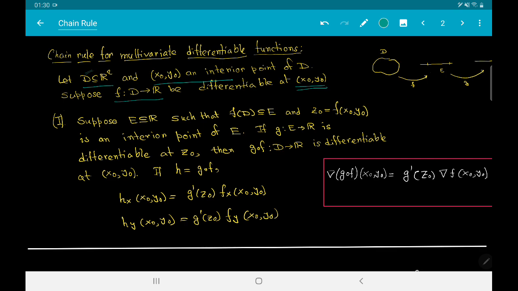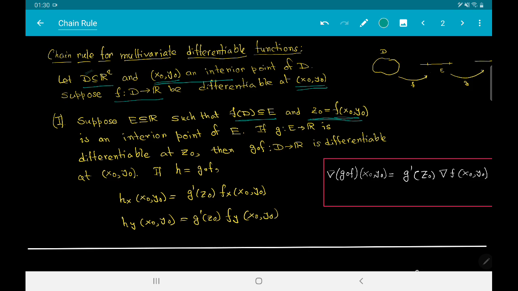Now here comes the first version of the chain rule. What does it say? Suppose E is a subset of R such that f of D is contained in E, something that we have seen before in single variable calculus. We had a point (x0, y0) which was an interior point of D, and suppose I call f(x0, y0) equal to z0.